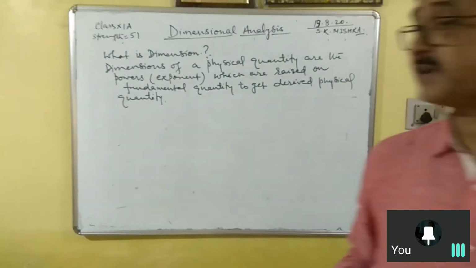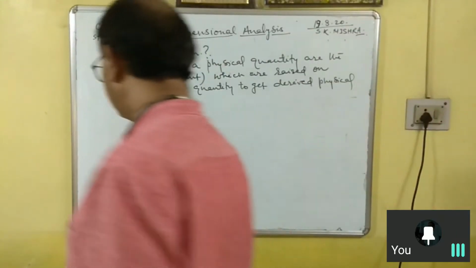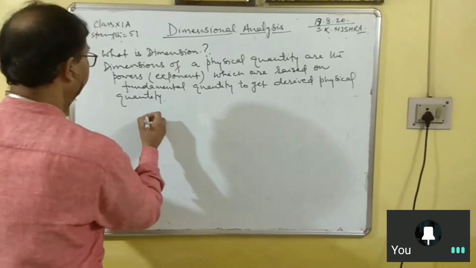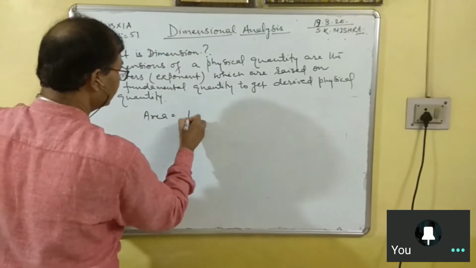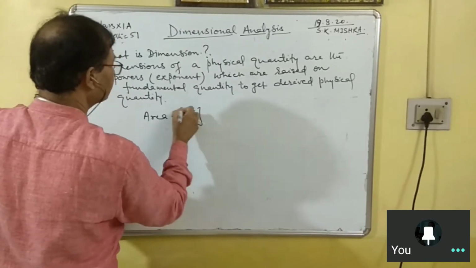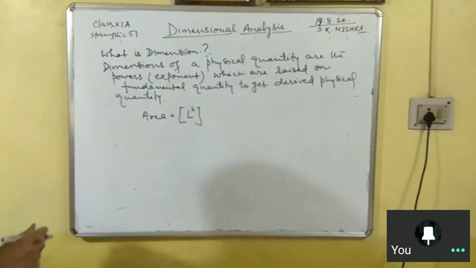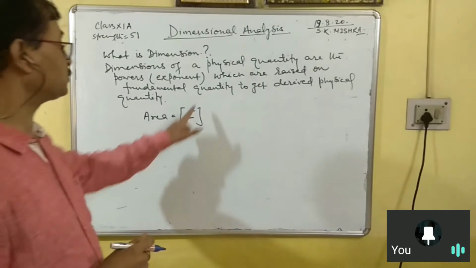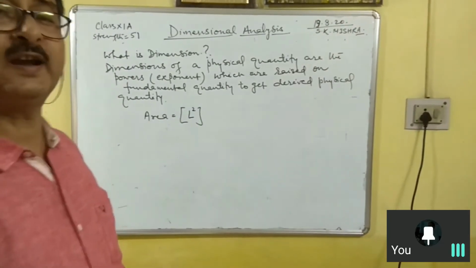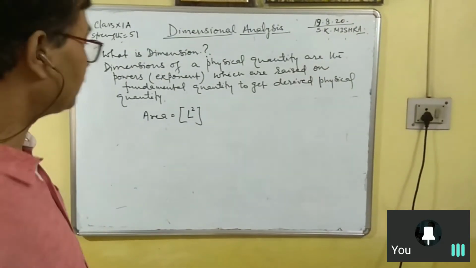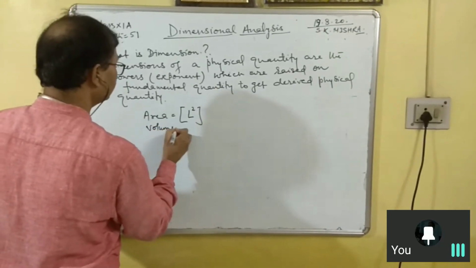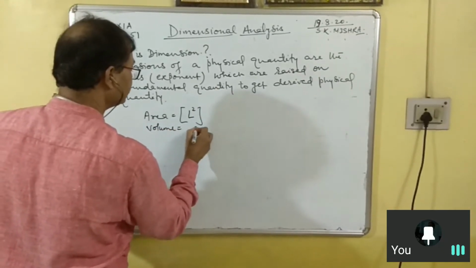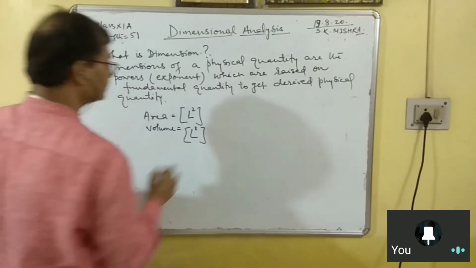So as for example, if you want to express area, so area is L square. That is, dimension of area is 2 in length. If you want to represent volume, what is the dimension of volume? So this is L cube, so 3 in length.